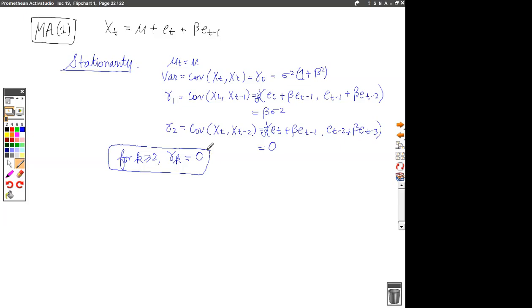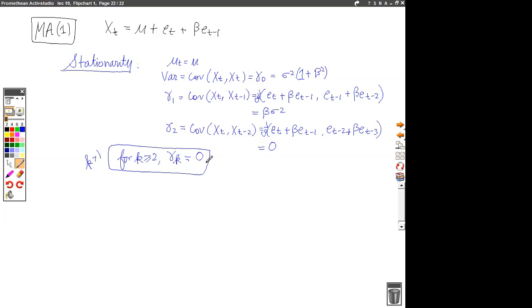And now you know that for any MA process, now we are doing it just for MA1, but this is true for any MA process of any order, be it 1 or any other number, that its covariance function is zero after its order. So if I have my order as 1, then for any k greater than 1, my value for autocovariance is going to be 0, always.